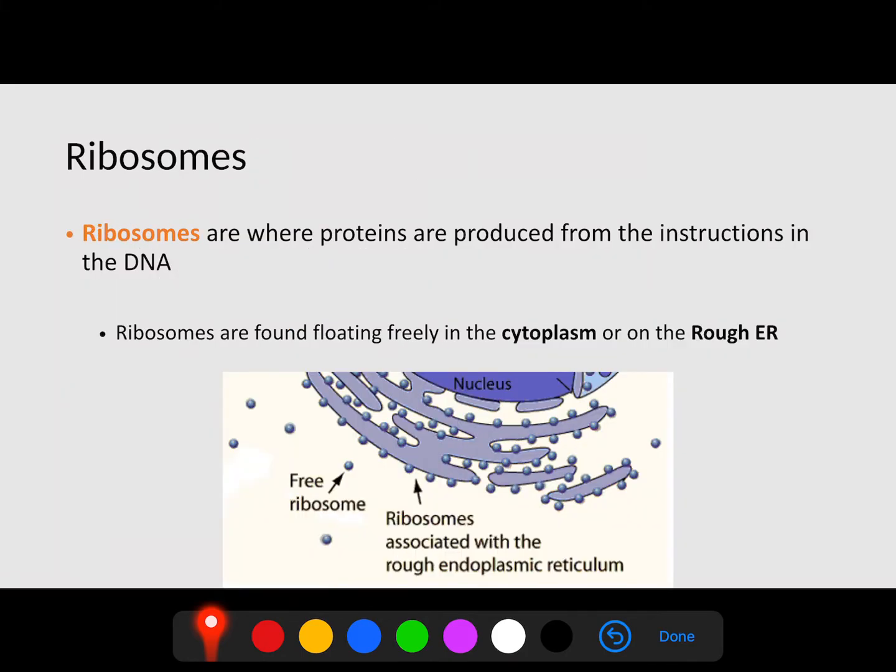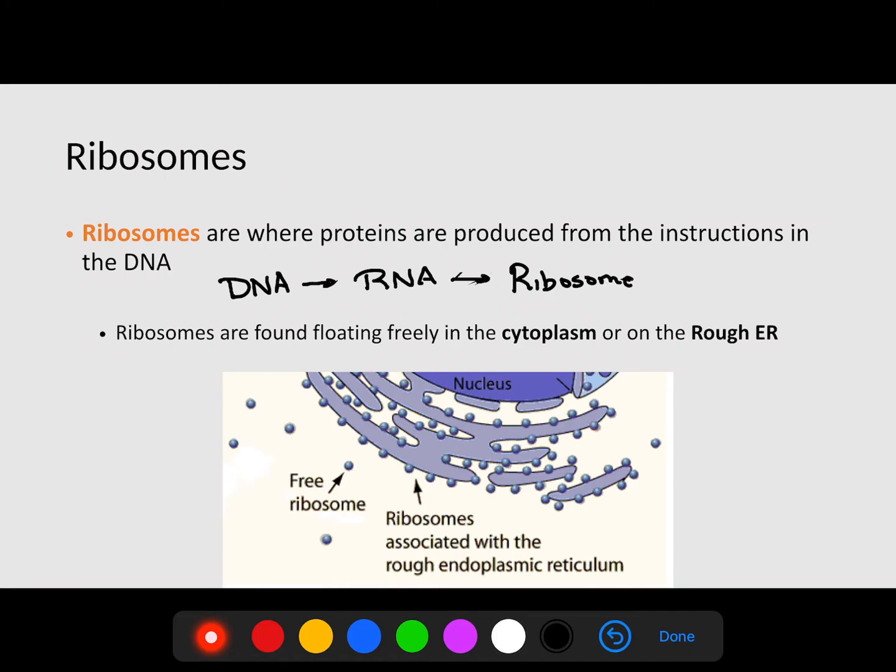Now, these ribosomes are where proteins are produced from the instructions in the DNA. In other words, in the nucleus, there is DNA. That DNA is converted to RNA to leave the nucleus, and then that RNA goes to the ribosomes.